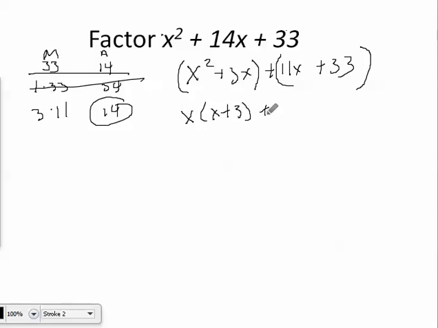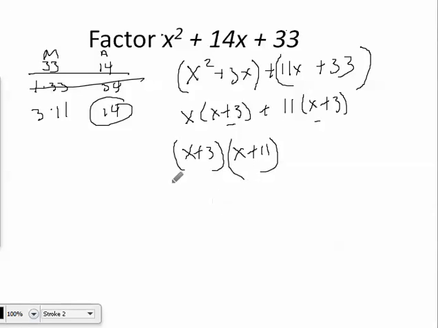Over on this other one, I get an 11 and an x plus 3. I've got an x plus 3 in both places. X plus 3 times what's left, x plus 11. There are my factors. Ta-da.